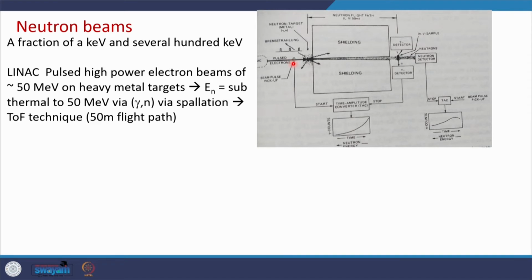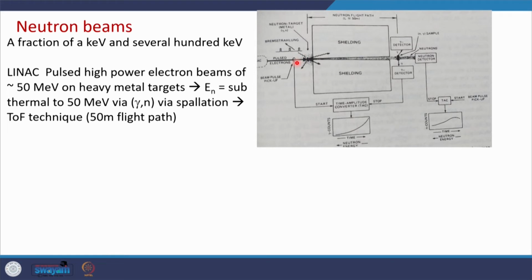And this LINAC pulsed high power electron beam, whose energy is 50 MeV, when we allow it to fall on this target material, then neutrons are produced via spallation reaction.